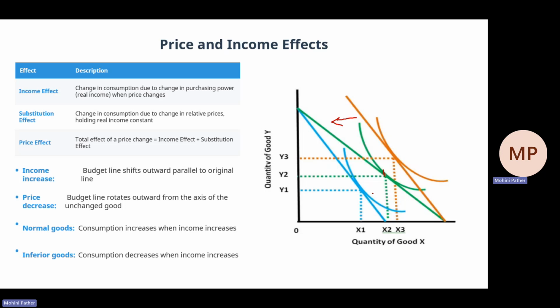Okay, so that's how our substitution effect works. We do adjust the combination of goods we consume based on the relative prices of each good. And with regards to income, if our income changes, if our real purchasing power changes, then it moves our budget line across.